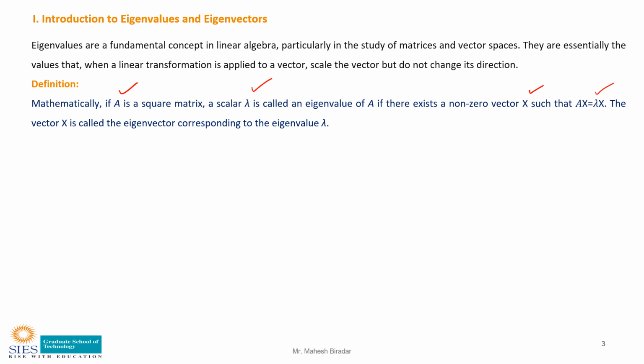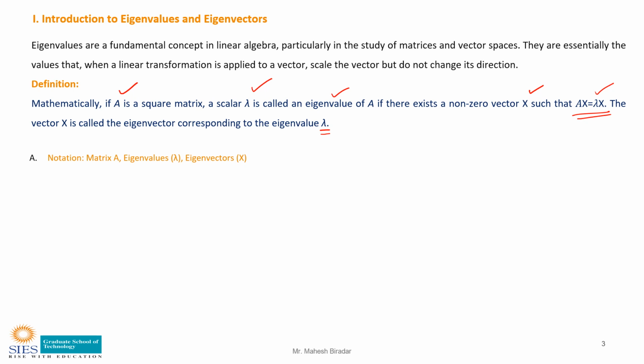The vector x is called the eigenvector corresponding to the eigenvalue lambda. Here, lambda is a root of the characteristic equation, known as the eigenvalue, and x satisfying the equation Ax equal to lambda x is called the eigenvector associated with the eigenvalue lambda.